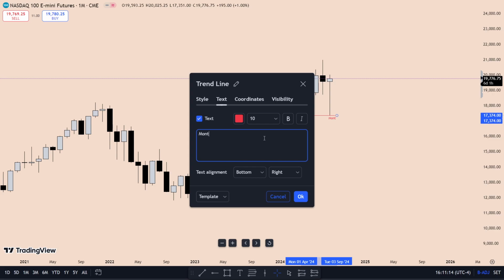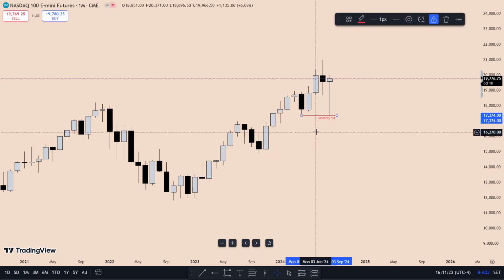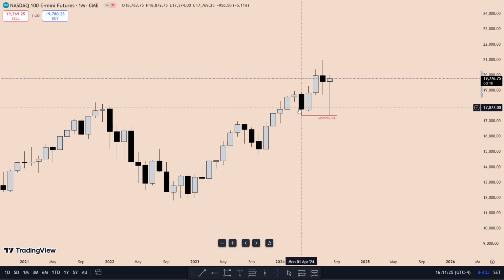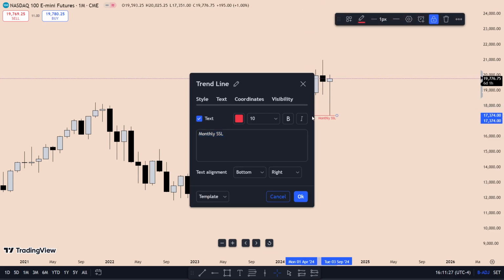So monthly sell side liquidity. Oops. April. I'll just call it April low. April, yeah.